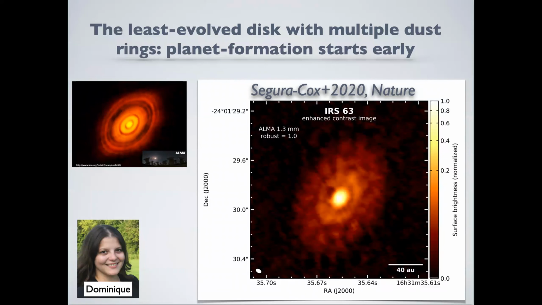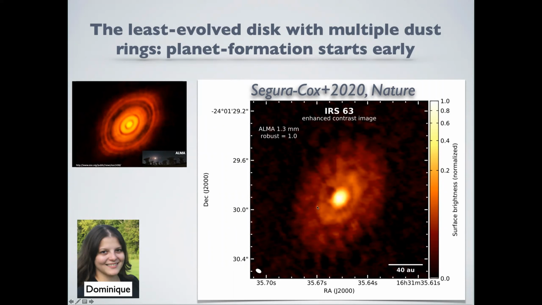One thing, again, self-advertising, because this is work coming from the group, the CAS group. So the work by Dominic Segura-Cox that has been recently accepted by Nature. You see, this was the HL Tau that I showed you before, and this is like a relatively old class 1/class 2 disk.